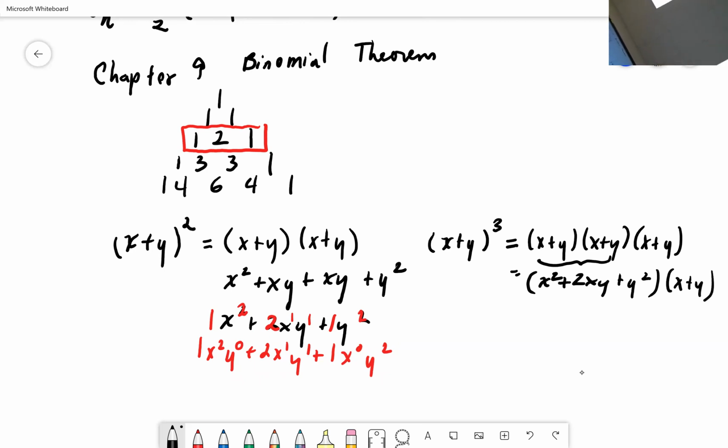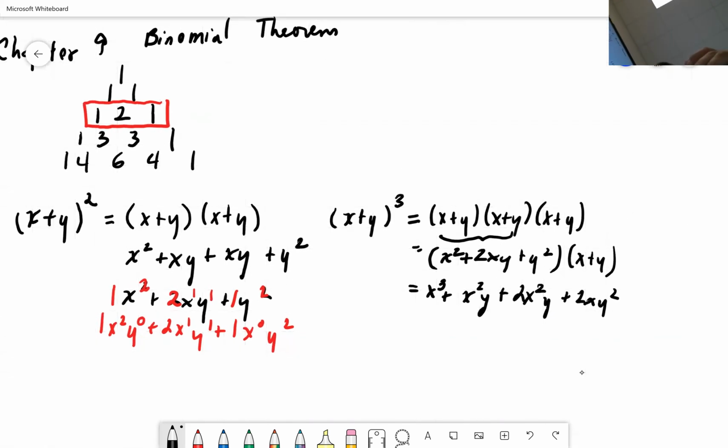So you got x squared times x, which is x to the third, plus x squared times y is x squared y. Then you have plus 2x squared y plus 2xy squared, right? Then you have plus xy squared plus y to the third.